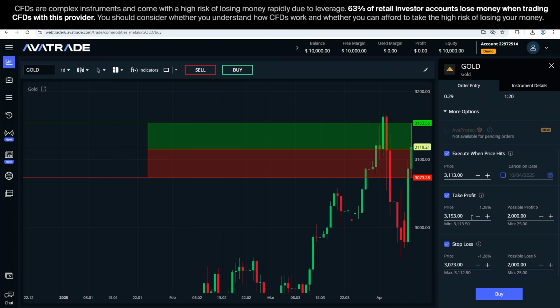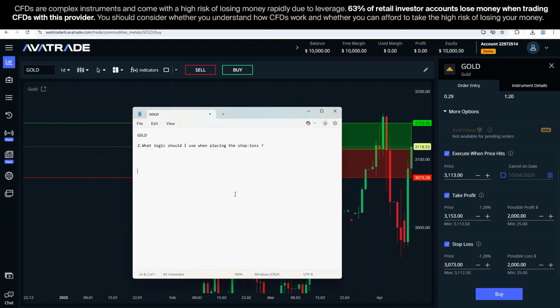How 40? Because we bound the entry to 31.13, and the take profit is designed to be activated at 31.53, which is $40 away. Yeah, this is the price difference. The same applies with the stop loss, just downward and not upward, since we are with a buy. Which brings us to 2,000 versus the 10,000 we have in balance.